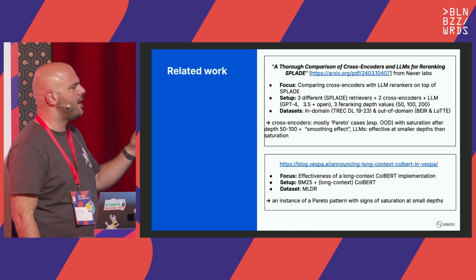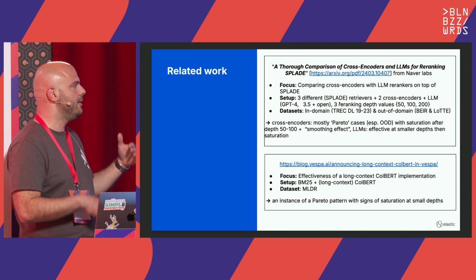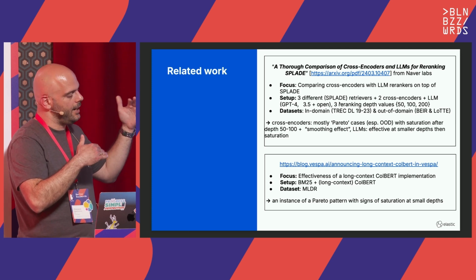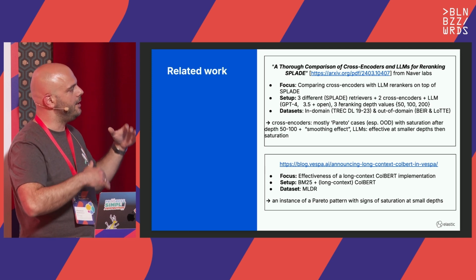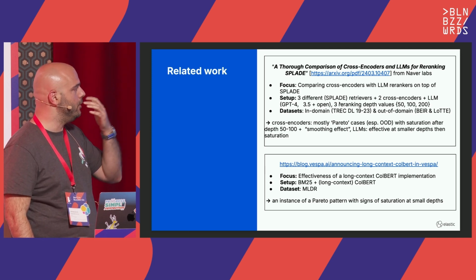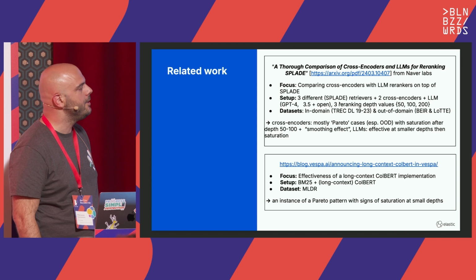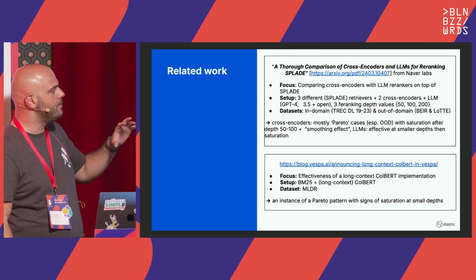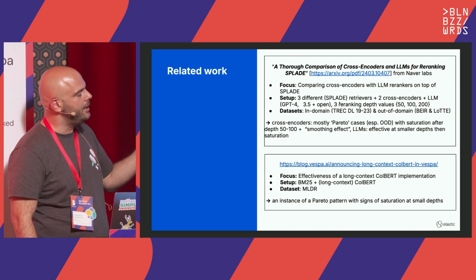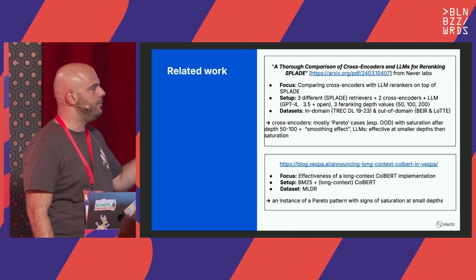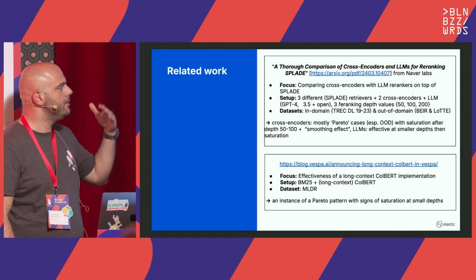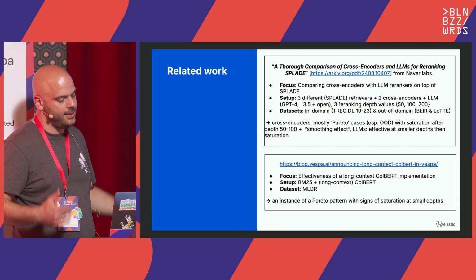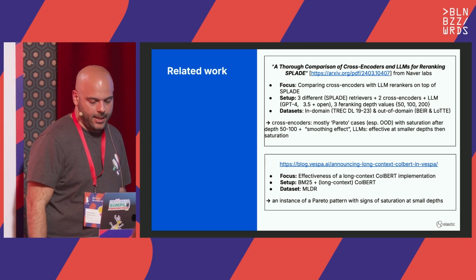The cross-encoders also have a smoothing effect, which I think is interesting: even though the retrievers can have a different starting point, any differences are evened out after a certain ranking depth. And also LLMs are effective at smaller depths, if I recall correctly 25 or 50, and then they exhibit a Pareto-like pattern where there is saturation.